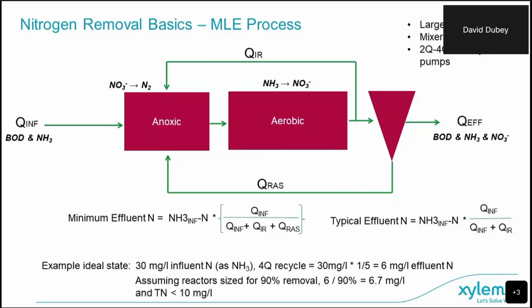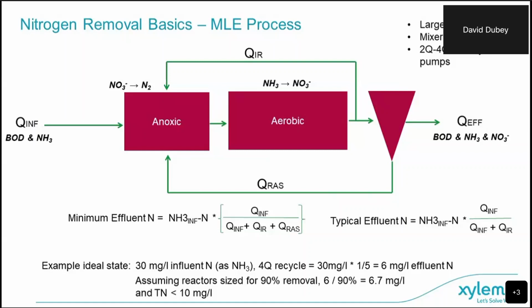So that's really governed by our recycle rate and our RAS rate. The minimum effluent we can get is, because we're converting ammonia in this aerobic tank, any nitrates that get produced have to go out to the clarifier. But if we have 4Q going back to the anoxic tank, that means we only get 1/5 of the flow rate going out the aerobic reactor, and then another portion of it coming back on the RAS.